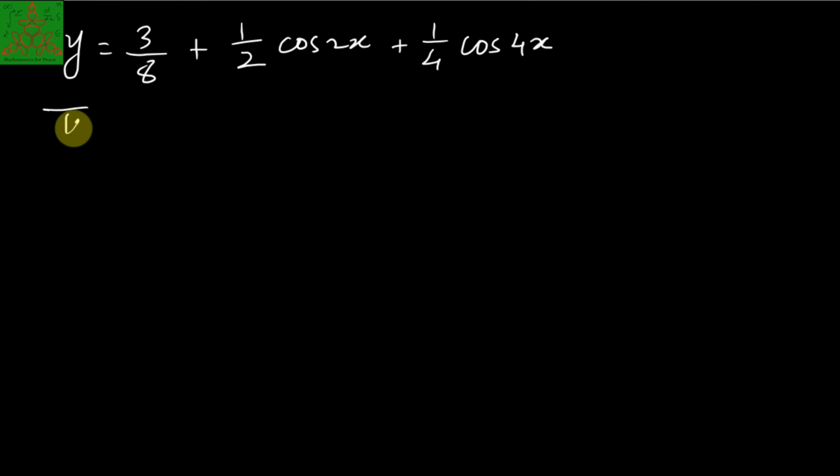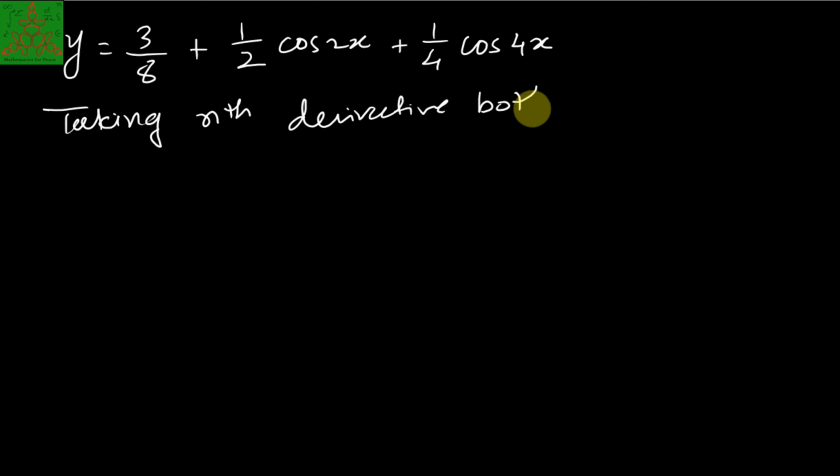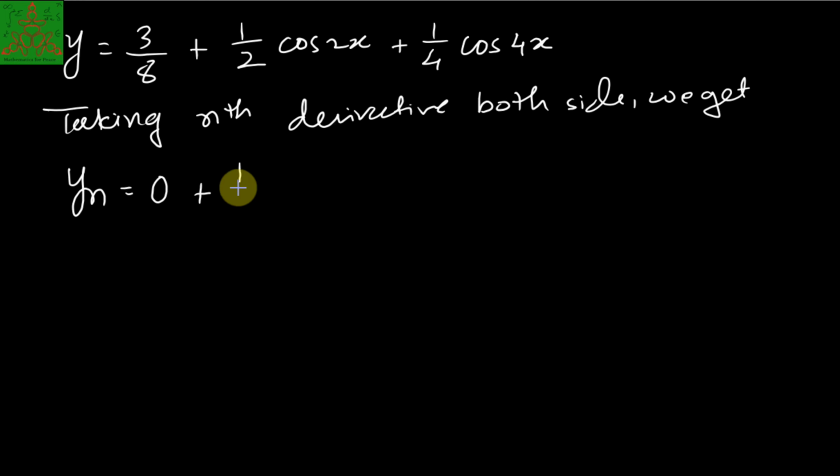Now taking the nth derivative both sides, we get yn. The first derivative of 3 by 8 we know it is 0, so for all further derivatives it will become 0, so it is 0 plus 1 by 2 as it is.